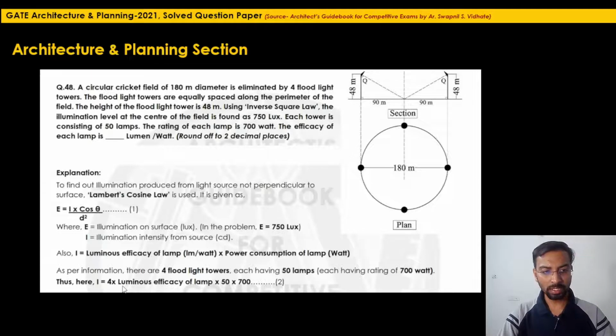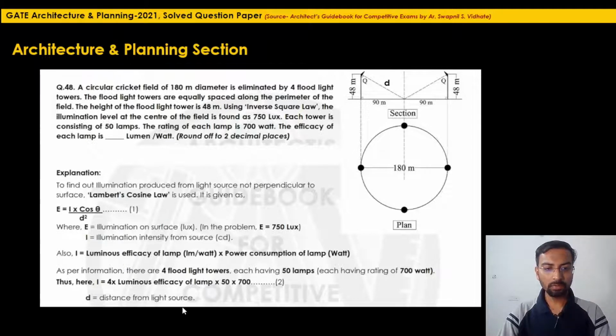So we will write luminous efficacy of lamp into 50 into 700. Why 50? There are 50 lamps in each floodlight tower. 700 is the power consumption of each lamp. Power consumption means the rating, which is given in watt.